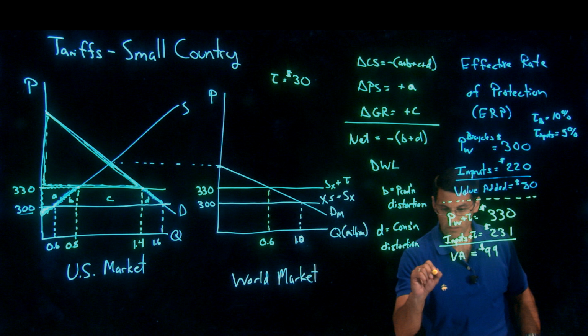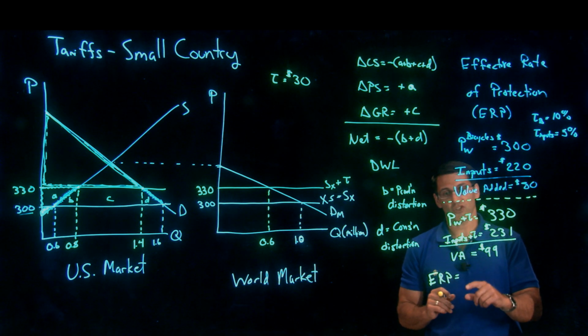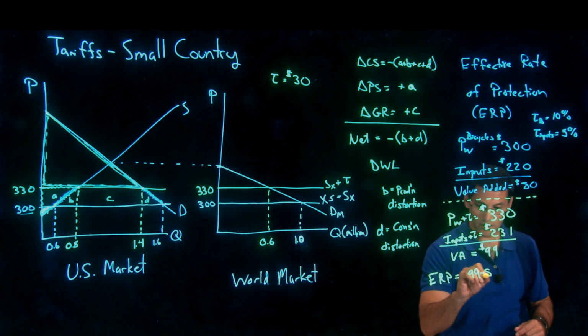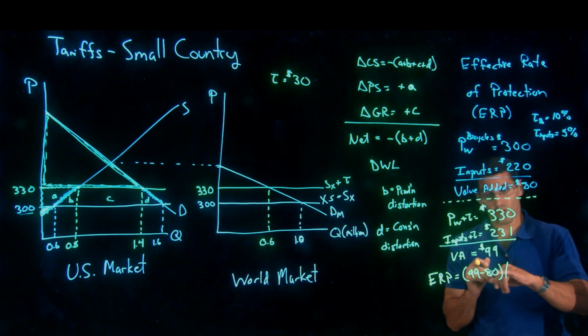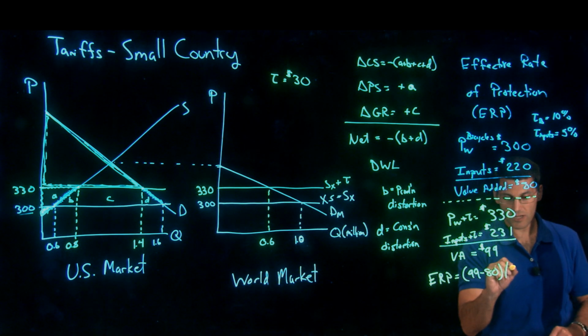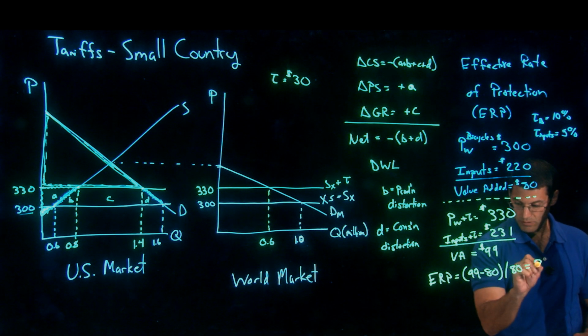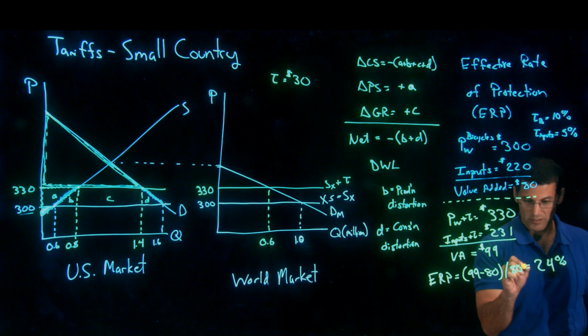So we calculate the effective rate of protection as the percentage change in that value added, which is 99 minus 80 divided by the original value added of 80, or approximately 24%, a little bit less.